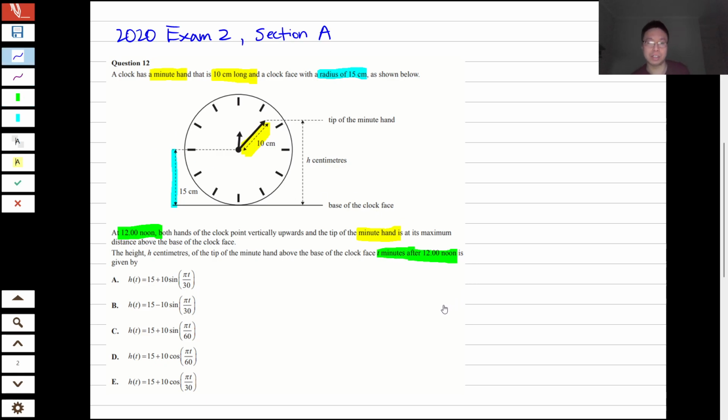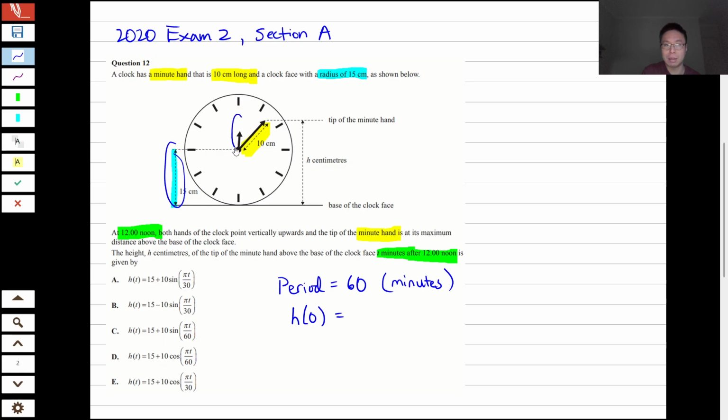So let's think logically for a moment. The period of my graph is going to be 60 minutes because the minute hand will make one full revolution around the clock every 60 minutes. Secondly, at time 0, the height of the minute hand will be 15 plus 10, which gives me 25.